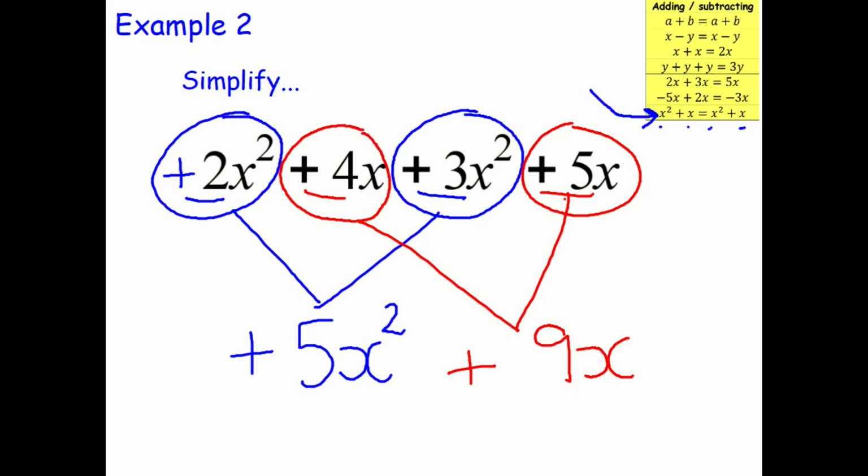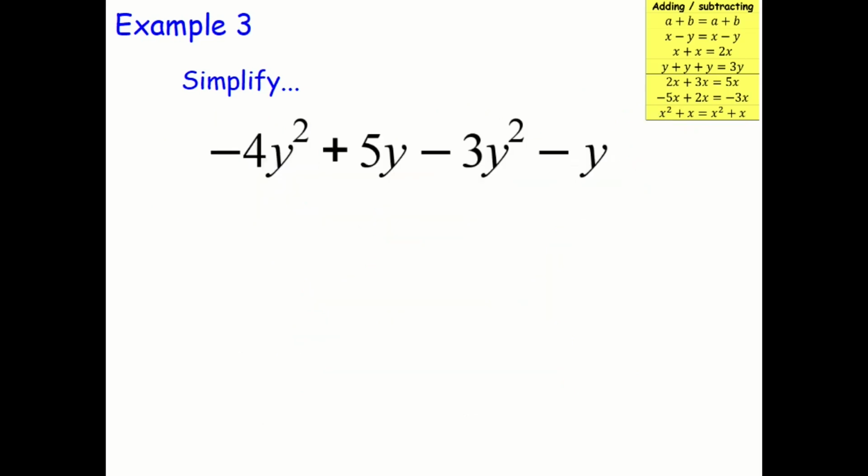You don't push them together because, of course, an x squared term and an x term, you can't simplify any further. So this is it. That is your final answer. 5x squared plus 9x. Don't push them together and make an x cubed or anything like that. It is just plus 5x squared plus 9x. So I've collected together the like terms.